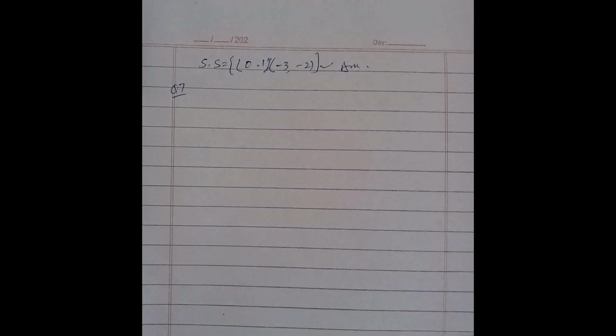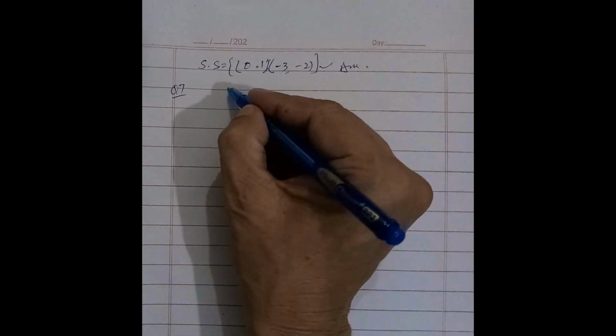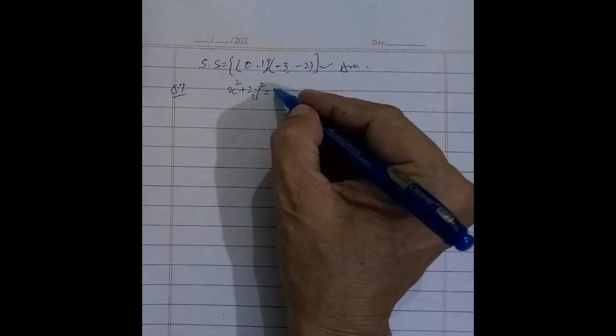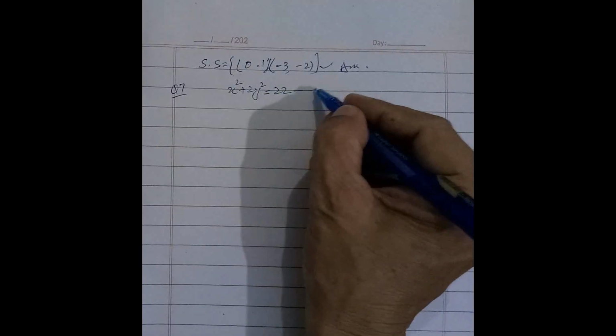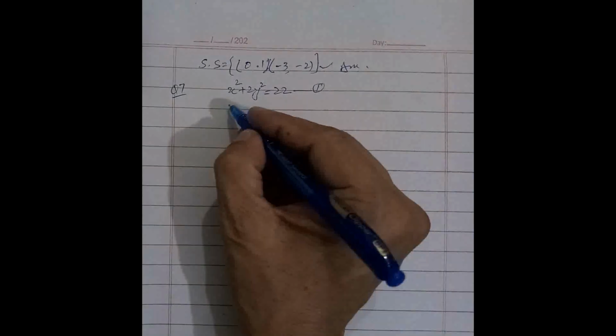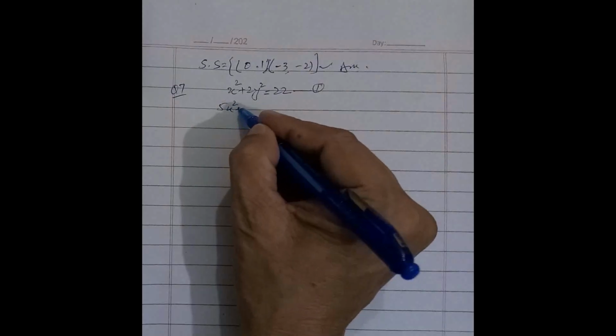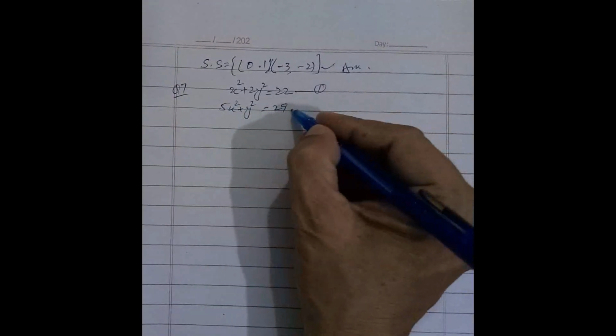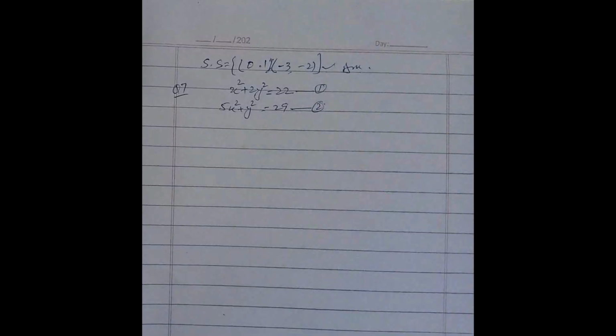The equations of question 7 are x square plus 2y square is equal to 22. It is equation 1. And the other equation is 5x square plus y square is equal to 29. It is equation 2.